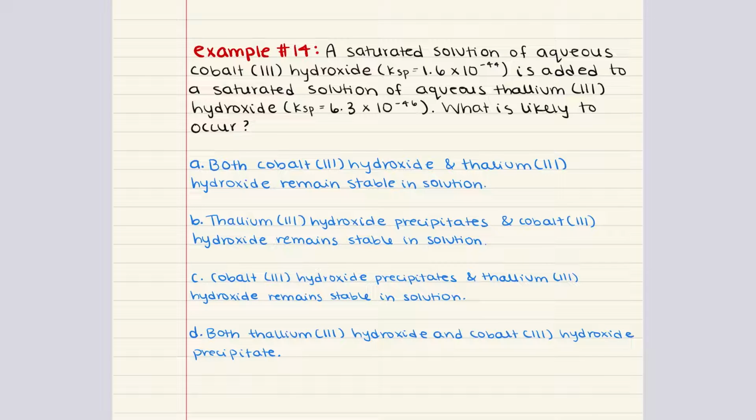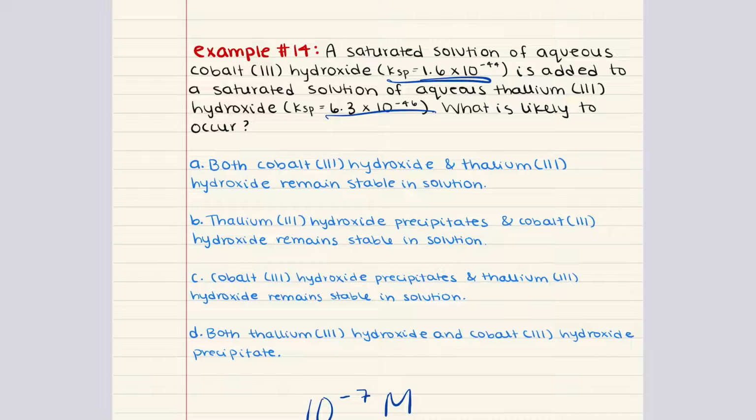Now this question is actually more complicated than it seems since hydroxide is involved. In aqueous solution, the concentration of hydroxide from the autoionization of water is approximately 10 to the minus 7 molar. This concentration is significantly greater than the amount of hydroxide that would be produced by the dissociation of either of these salts. Keeping that in mind, the concentration of hydroxide is set by water and not by the dissociation of cobalt-3 hydroxide and thallium-3 hydroxide.